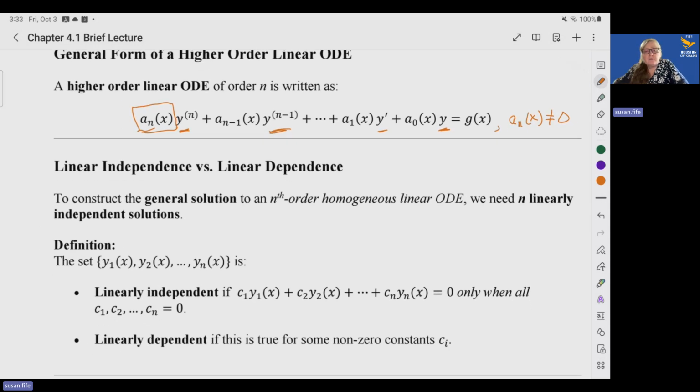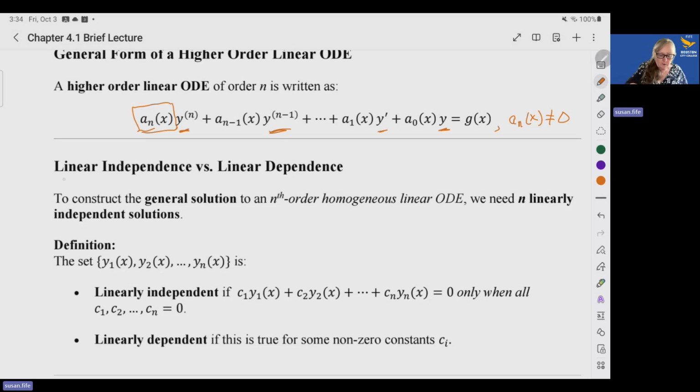Most of our equations are going to be second or third or fourth order equations. They could be higher order as well. And if we have an nth order ODE, we should be able to find n linearly independent solutions.